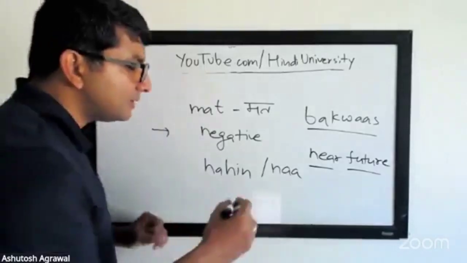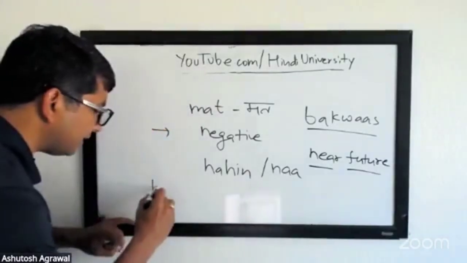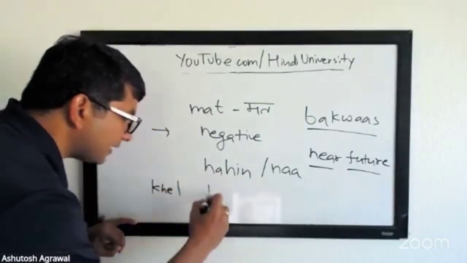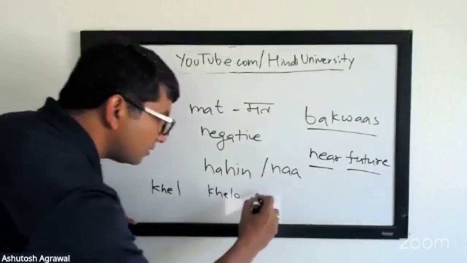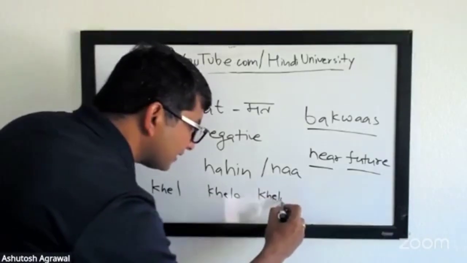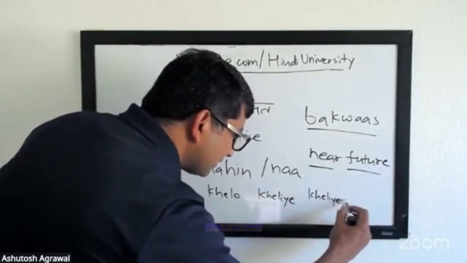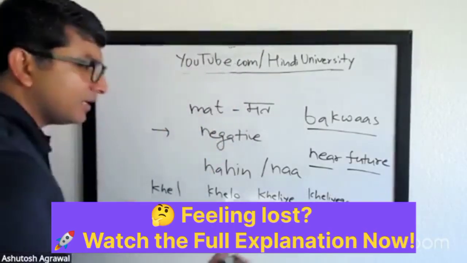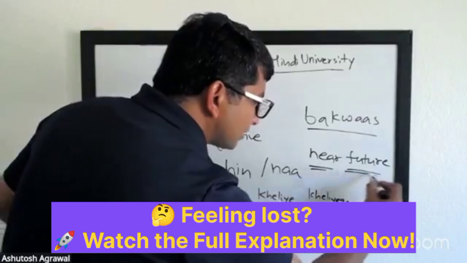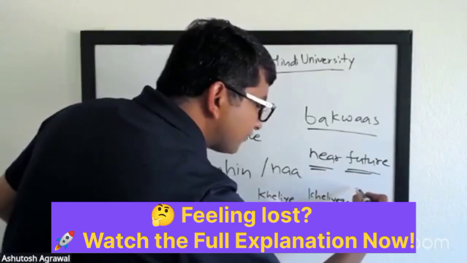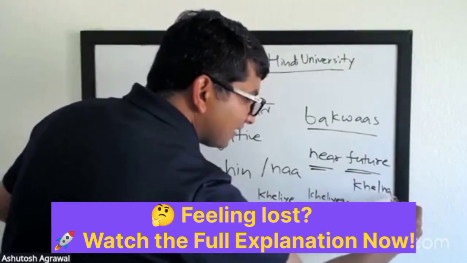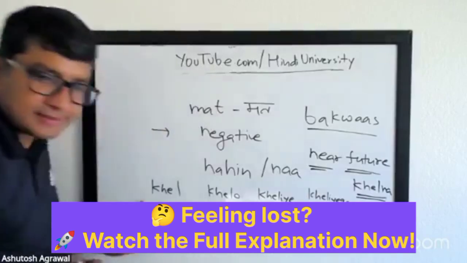For example, we did khel, khelo, kheliye, kheliyega. If I want to tell someone to do something in the near future, what is the infinitive form here? Khelna. So you can just use this as it is.